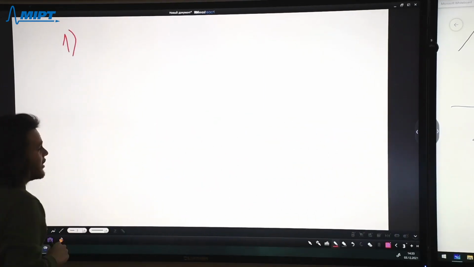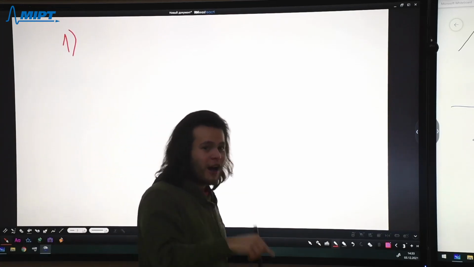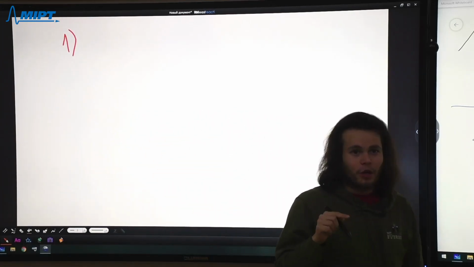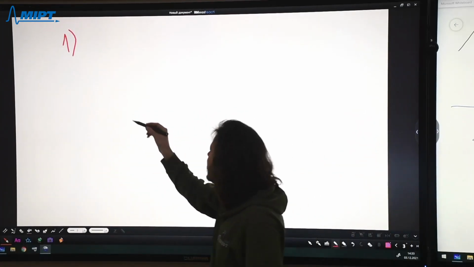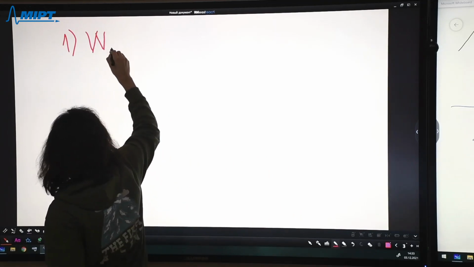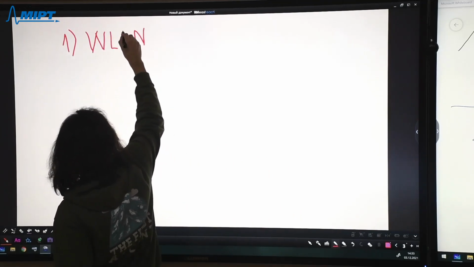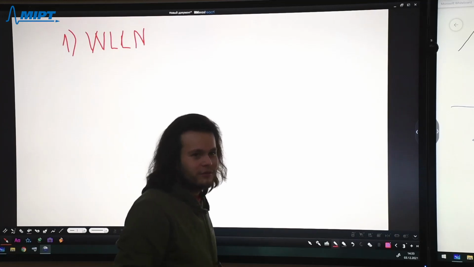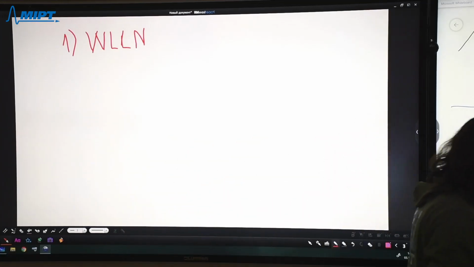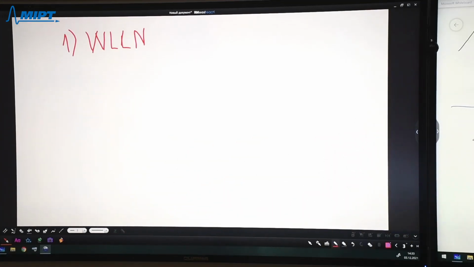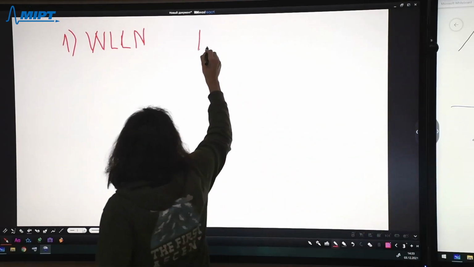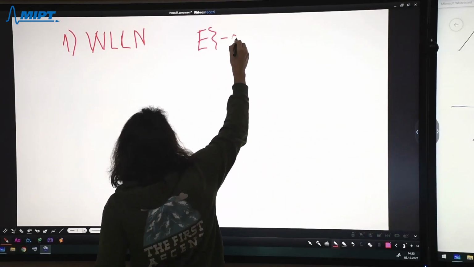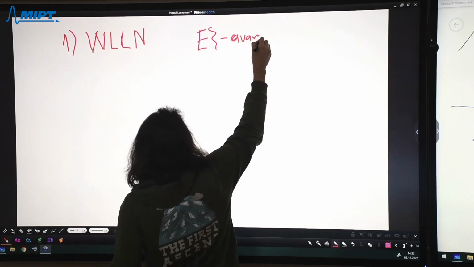The first thing that you have to know for sure, and you have to know how to prove, is the weak law of large numbers. Okay, the weak law of large numbers. This is something that you have to know. If you don't know this, you fail. All right. So the weak law of large numbers just tells us that the expected value of psi is actually the average value, right?